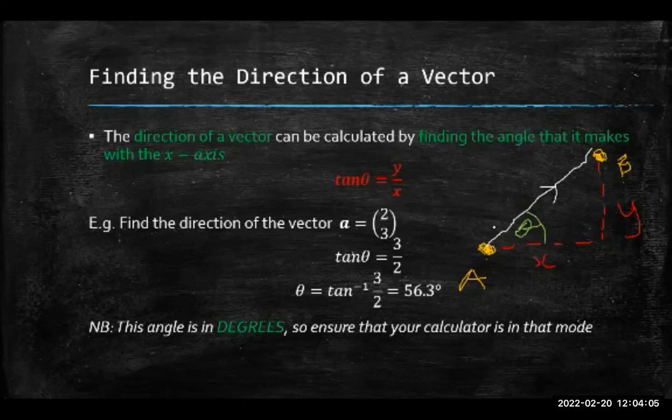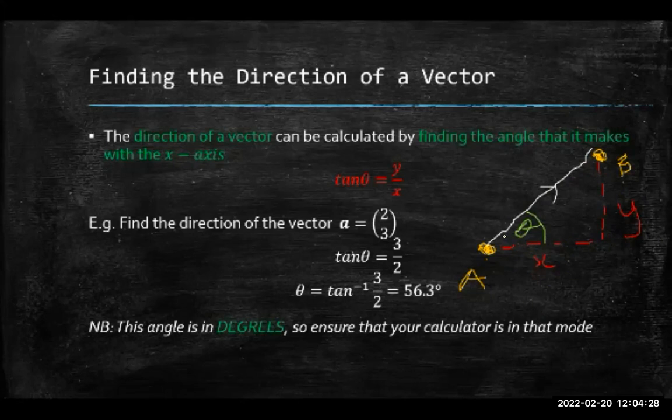This creates a right angle triangle. And whenever we deal with right angle triangles and are trying to find the angle, you use your trig ratios, SOHCAHTOA. You have the opposite side, you have the adjacent side. Opposite on adjacent, that's the tan function.